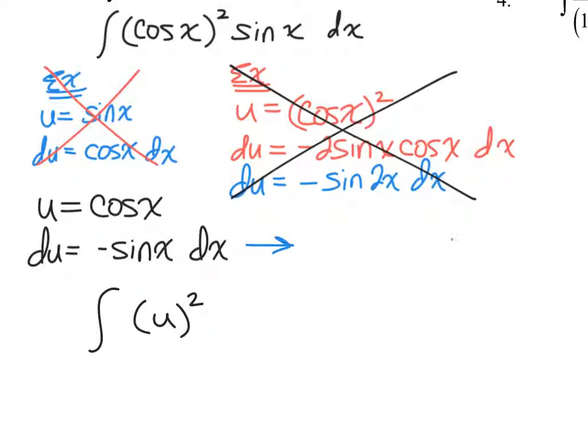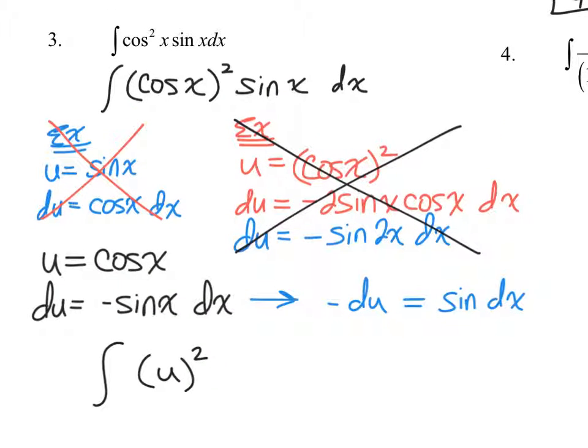So if that's the case, and I just want it to be sine x dx, what would the left-hand side be equal to? Negative du. We're just negating both sides. So that would be my substitution for the sine x dx. All right, so that's going to go away. So I can multiply my u squared by negative du.